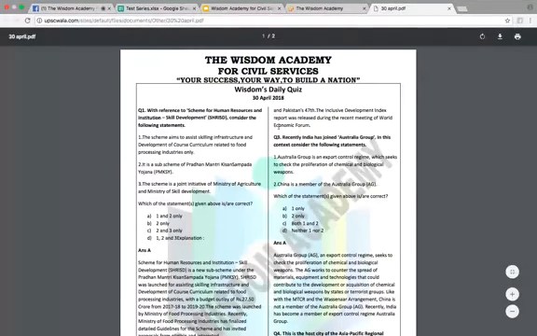For a sample, I'm opening one question here. I'll take question number 3 of the Wisdom's daily quiz paper: recently, India has joined the Australia Group. In this context, consider the following statements. There are four options, and out of these four you have to choose one. So let's say I'm taking this question number 3.